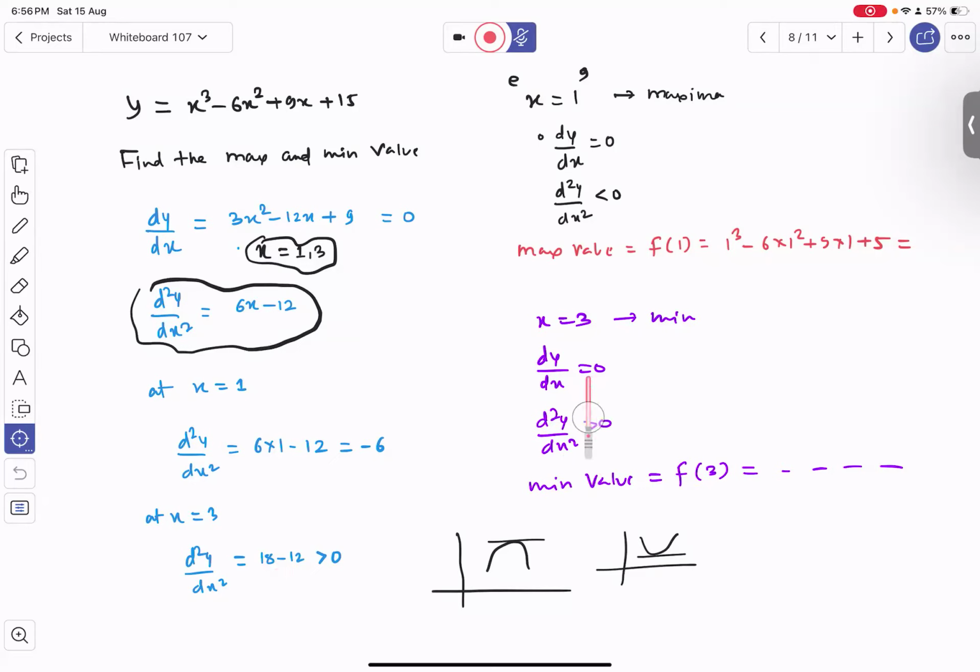So at x equals 3, both these things are satisfied simultaneously: dy by dx is 0 and double differentiation is positive. So what is it? Minima. So at x equals 3, minima occurs. You plug x as 3 in this function, and whatever output it gives you at x equals 3 is the minimum value. Clear, no? Yes, sir. Okay.